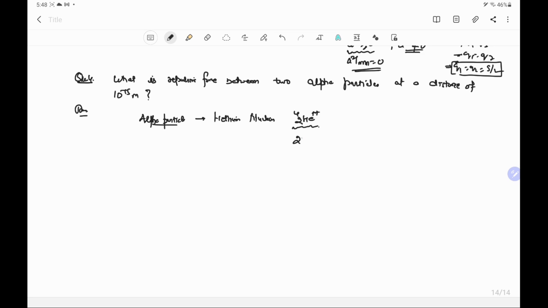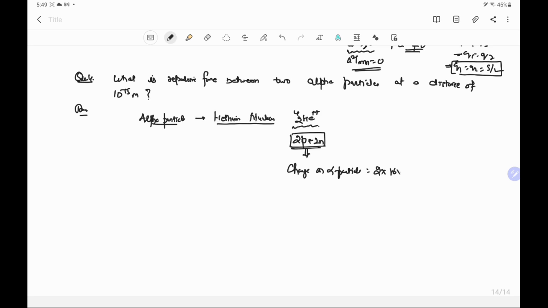It means it has 2 protons plus 2 neutrons, and it has lost 2 electrons. The charge on an alpha particle is equal to twice the charge on a proton, which is 2 into 1.6 into 10 to the power minus 19 Coulomb, and the nature of this charge is positive.